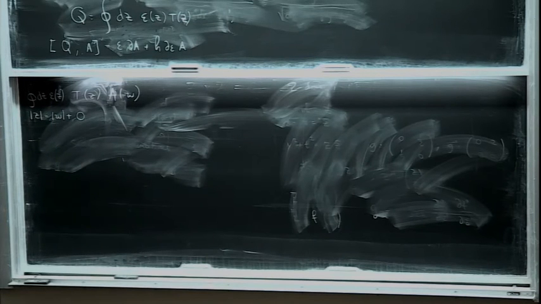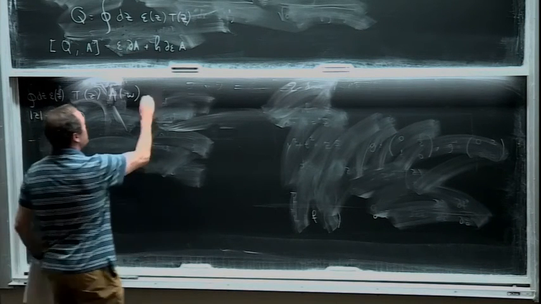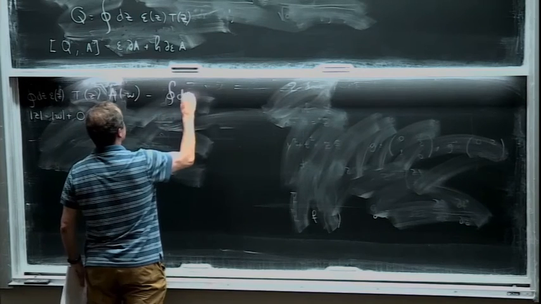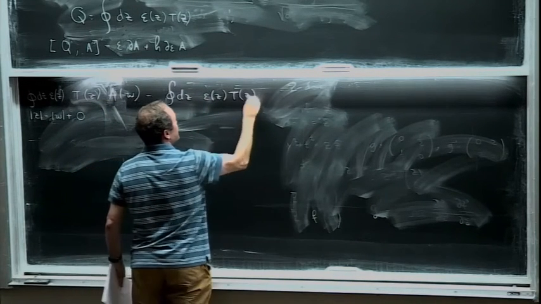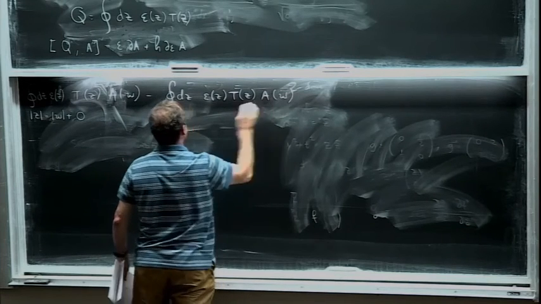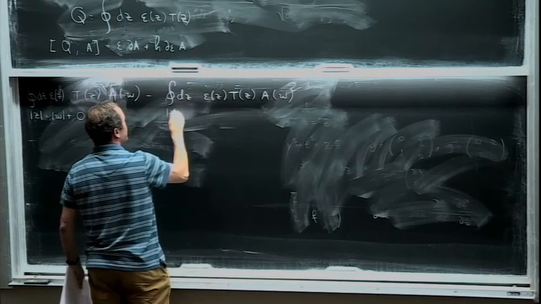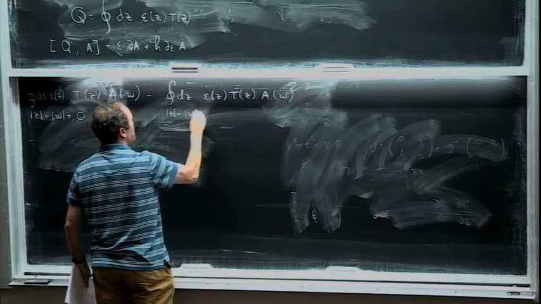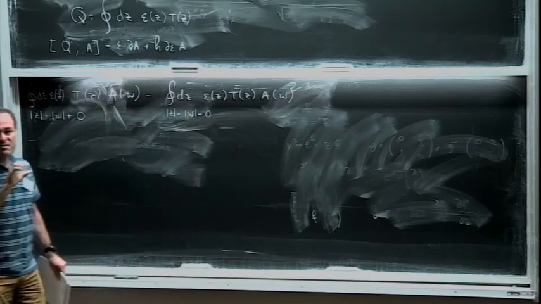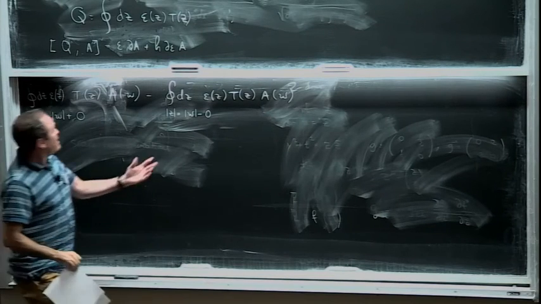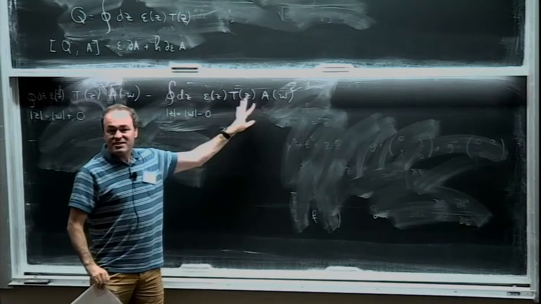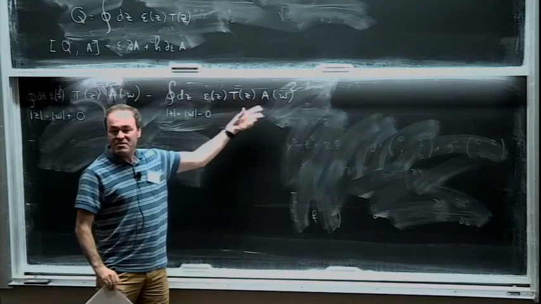OK, and so this is by definition Q times A. And if I'd like to write down A times Q, I would need to subtract from it the integral over z, epsilon of z, T of z, A of w. But here I'll choose absolute value of z equal to absolute value of w minus 0. It's a slightly smaller circle over which I'm integrating. Now, that means actually that these are time ordered, and they're changed.